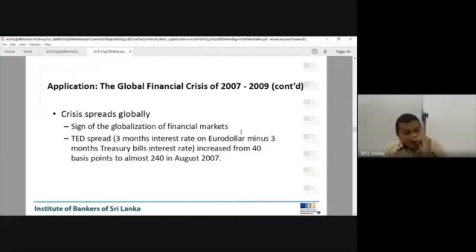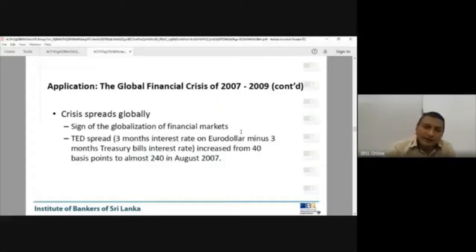Okay, so what you are basically seeing here are the spreads that we were talking about in the Great Depression period, like the TED spread. We will come to TED spreads in a moment. That is the 3-month interest rate on eurodollar. Eurodollar means US dollar loans extended outside the US.